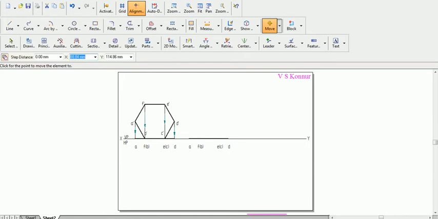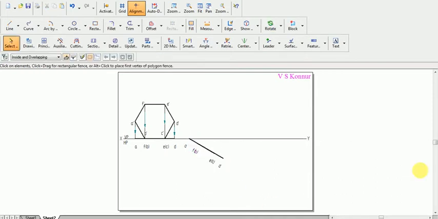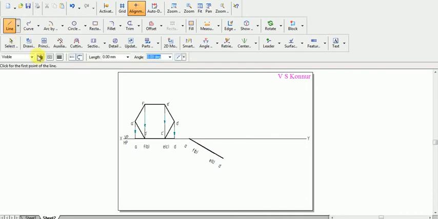Now rotate from this endpoint to this endpoint. Angle is 30 degrees, that is minus 30. Now draw the projector lines with 0.13, A to A, D to D.